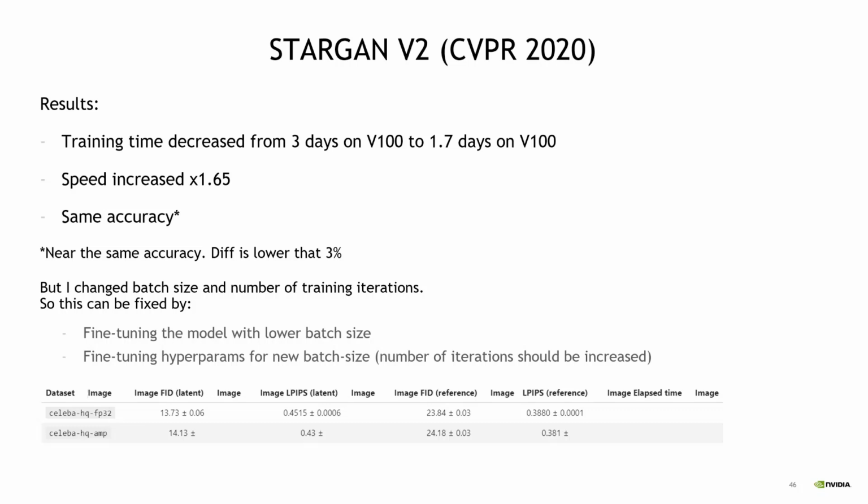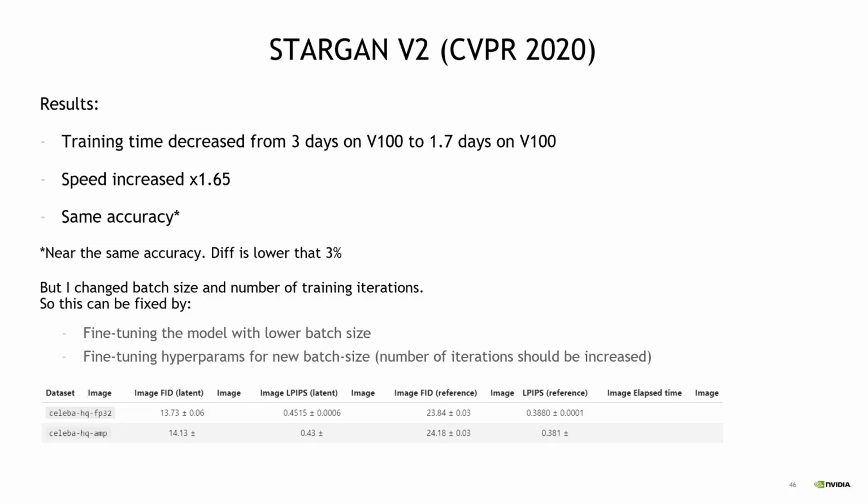A little bit of difference in metrics was most likely because I made only one attempt at training, and I changed hyperparameters of this training pipeline. I changed batch size a lot, and I changed the number of iterations accordingly. So this difference in metrics has to be fixed by fine-tuning hyperparameters again for AMP training.